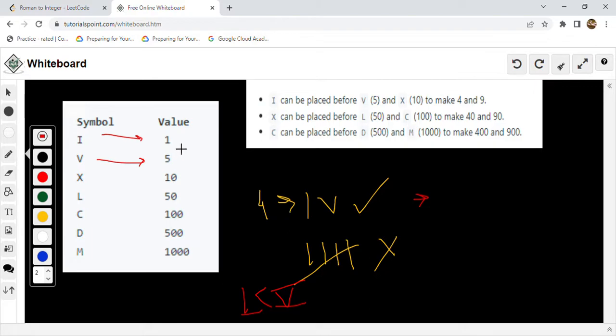But 1 is less than 5. Okay, this is 1 and this is 5. But as we know that in Roman numbers we are going from largest to smallest, but here the smaller one is before the larger one. So we will subtract it in the total value. Minus 1 plus 5. This is how it becomes 4.